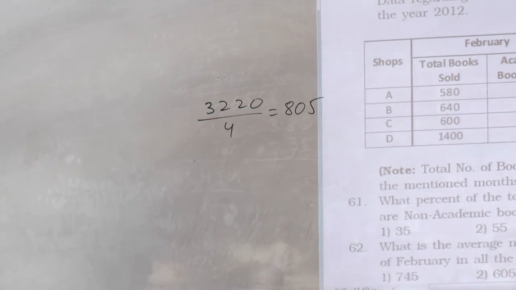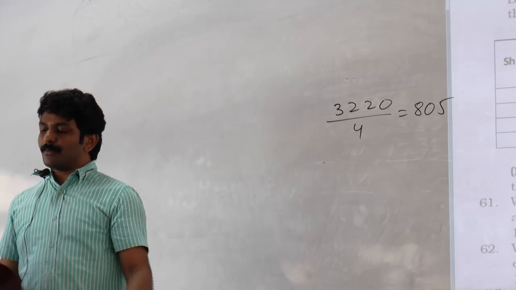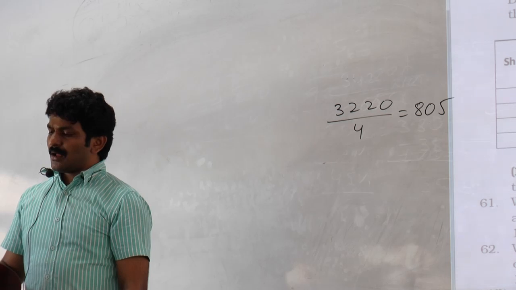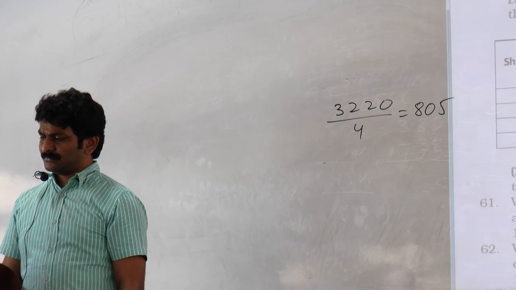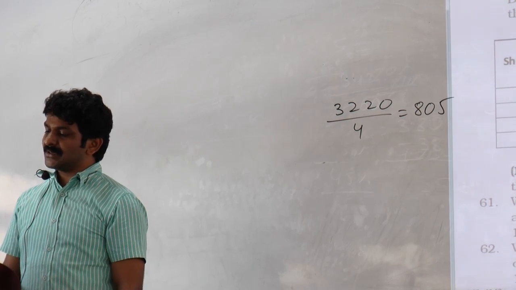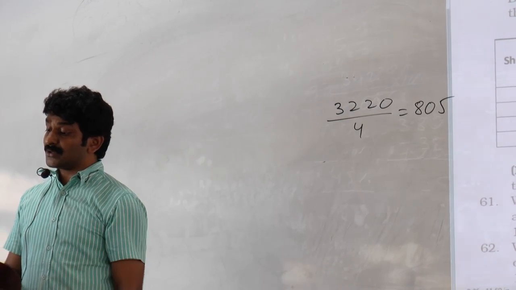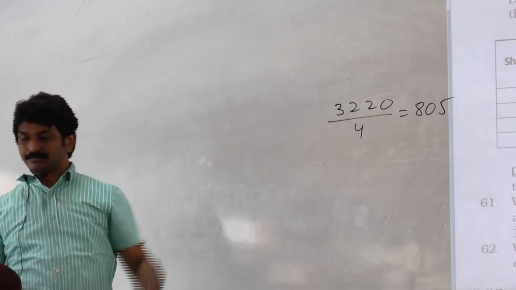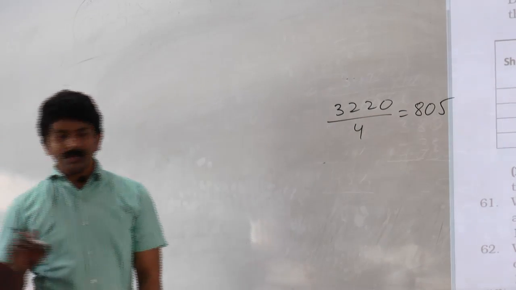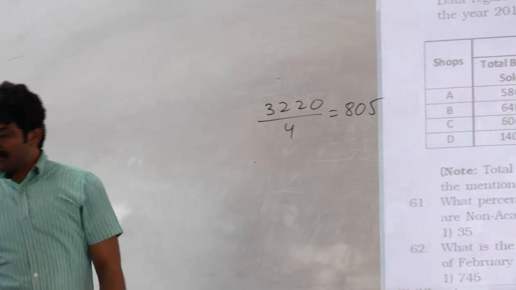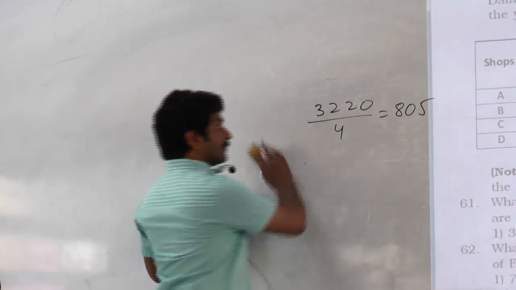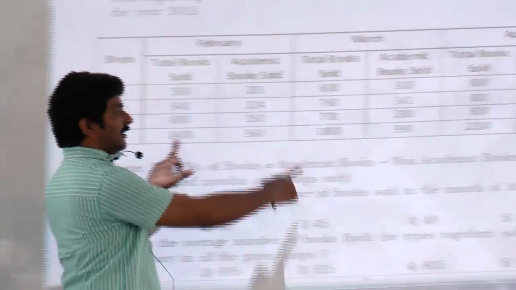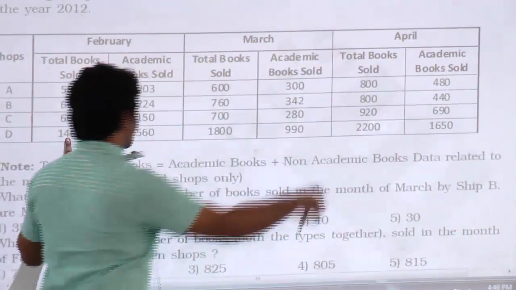If the ratio between the total number of books sold by shop D in all the given months together and the total number of academic books sold by D in all the given months together is... total books versus academic books, for D. Let me first calculate the total number of books. 1400, 1800, 2200.